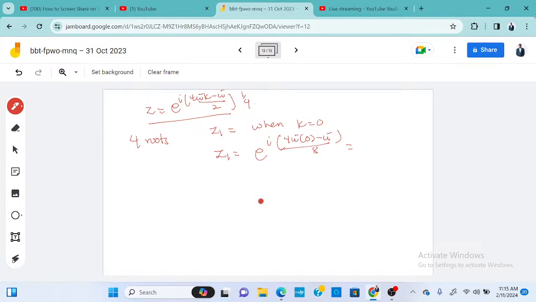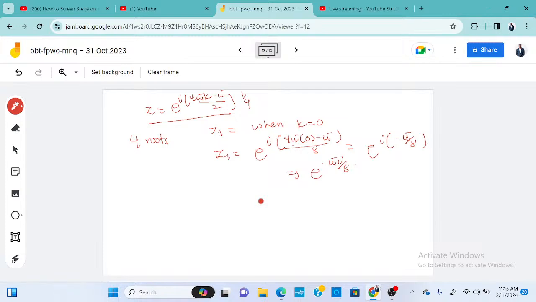So this gives me e to the power i multiplying this, times this becomes 0. So I get negative pi on 8, right? So at this point, I'll get e to the power negative pi i on 8.